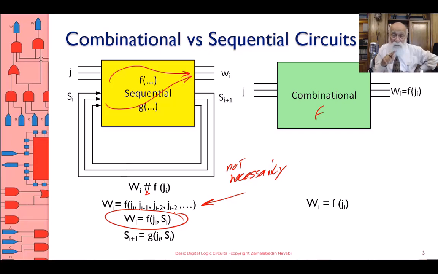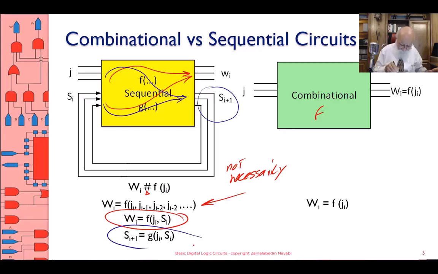And as this output is being worked out, something else is going to happen: the same input and the same present state participate in determination of the next state of the circuit. Why do I say next state? Because that next state is the feedback that goes back and makes a decision for the next input that arrives.